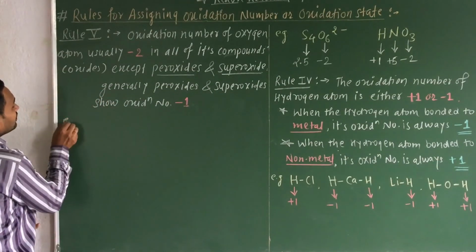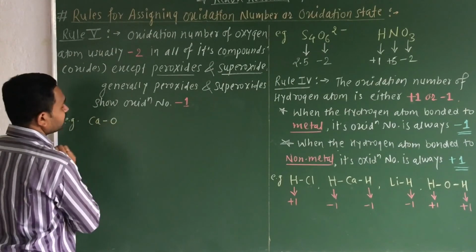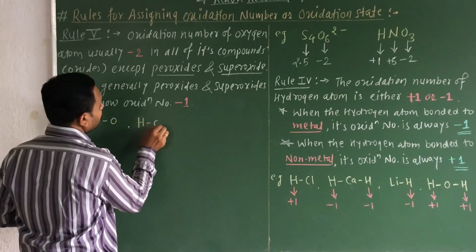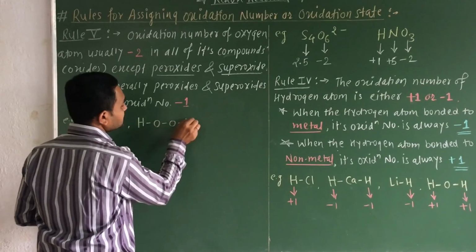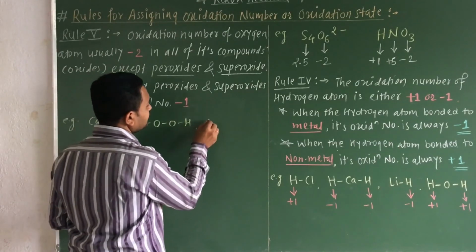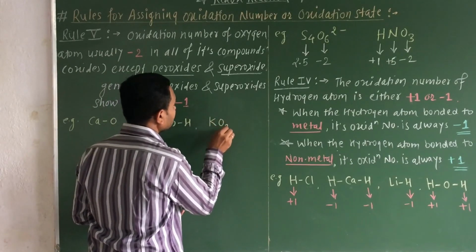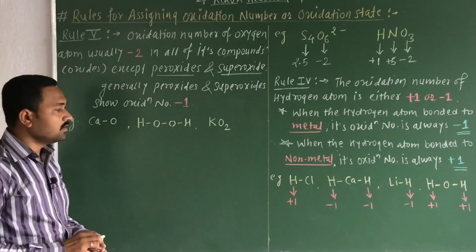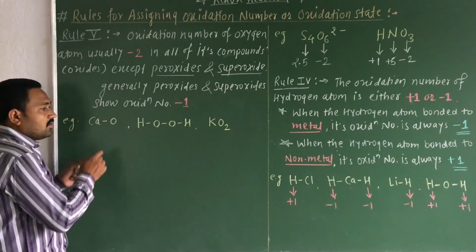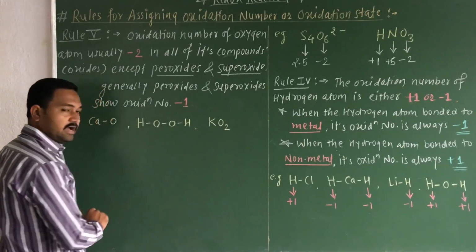Okay. For example, CaO, then HOOH, okay, let us consider a very simple example, that is KO2. Okay, so in all these compounds, the oxidation number is variable for your oxygen atom.